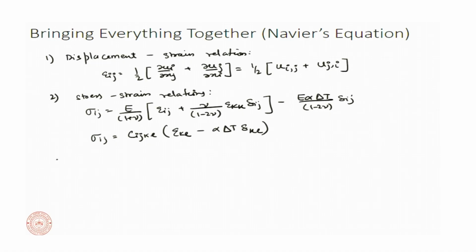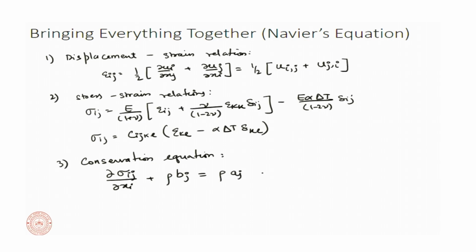Okay, with Cijkl having the components of the stiffness tensor. Then the third one was our governing equation or a conservation equation, which stated that the gradient of the stress tensor, let us write it in terms of i, sigma ji,j plus rho a i equals rho del square ui by del t square.